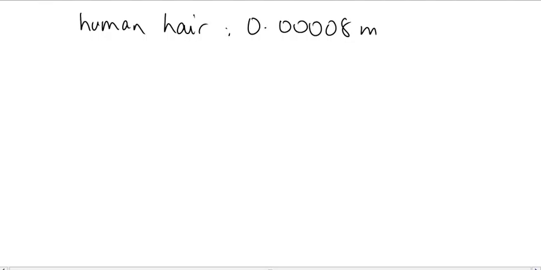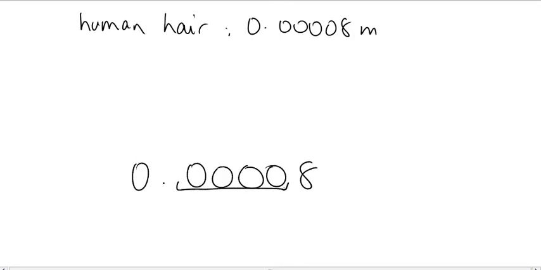Now, human hair has a width of 0.00008 meters. Here we can do exactly the same thing we did for the distance to the Sun. We want a mantissa that is between 1 and 10, and we want to use a power of 10 to cancel out all those zeros.